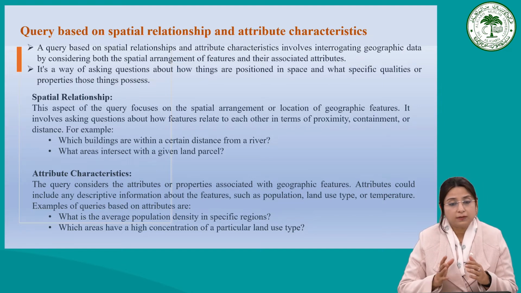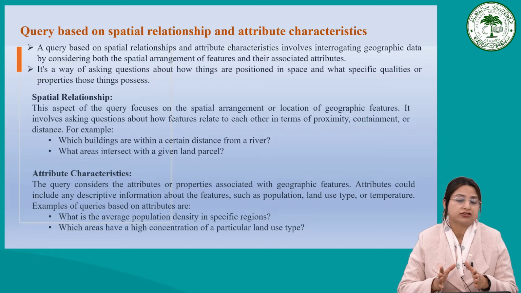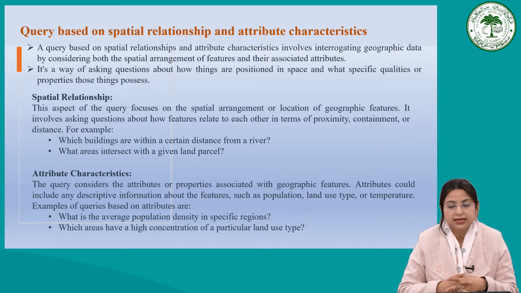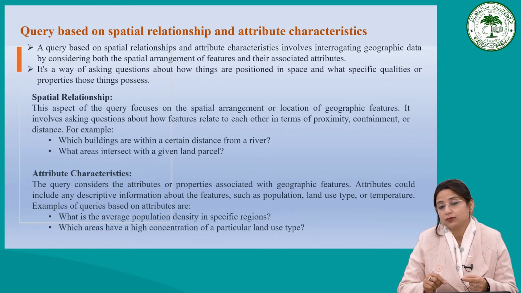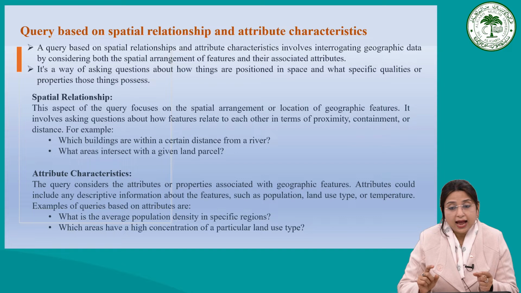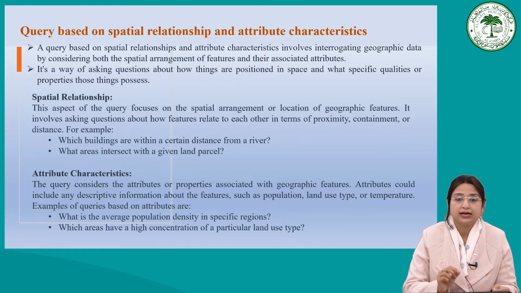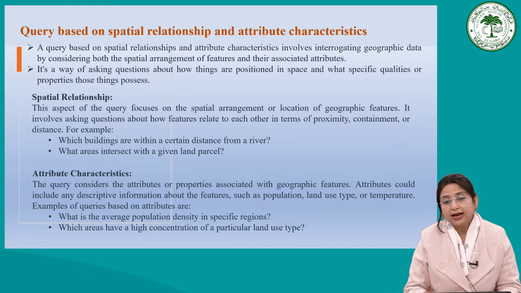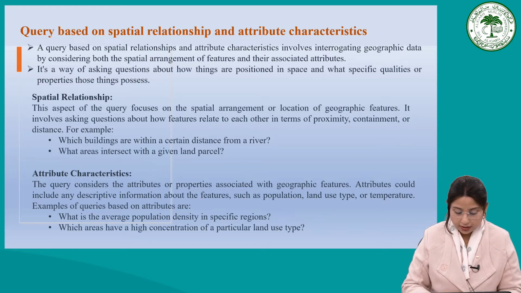A query on spatial relationship and attribute characteristics simply interrogates the spatial data by considering both the spatial arrangement of the features, the arrangement of point, area, line, that is, of different spatial entities, and their associated attributes.